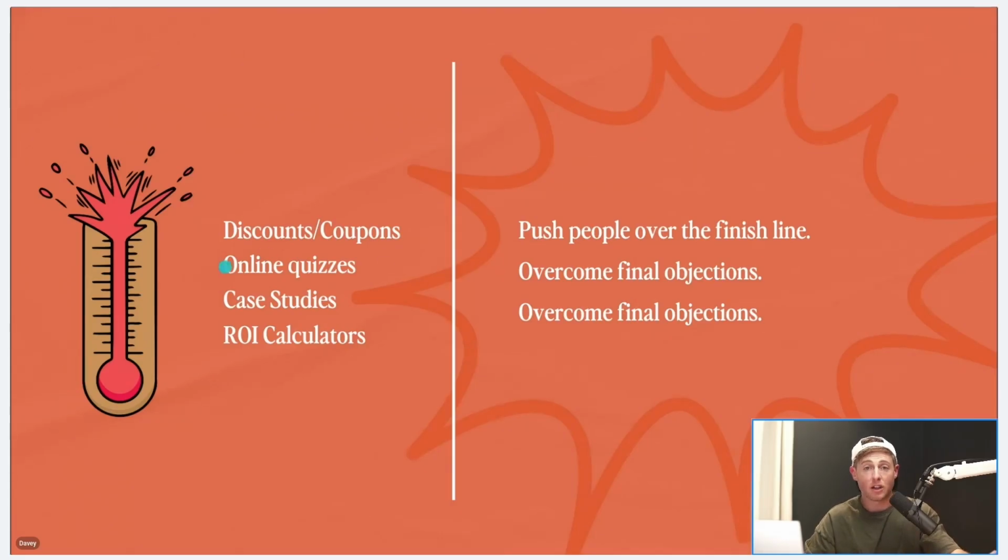But tools like ROI calculators can be super helpful, especially if you have a service that costs thousands of dollars. You can use an ROI calculator to show how much more return somebody is going to get on that investment. Case studies. One of the reasons that I didn't include case studies in templates, even though I really like case studies, is that you can never overdo case studies.